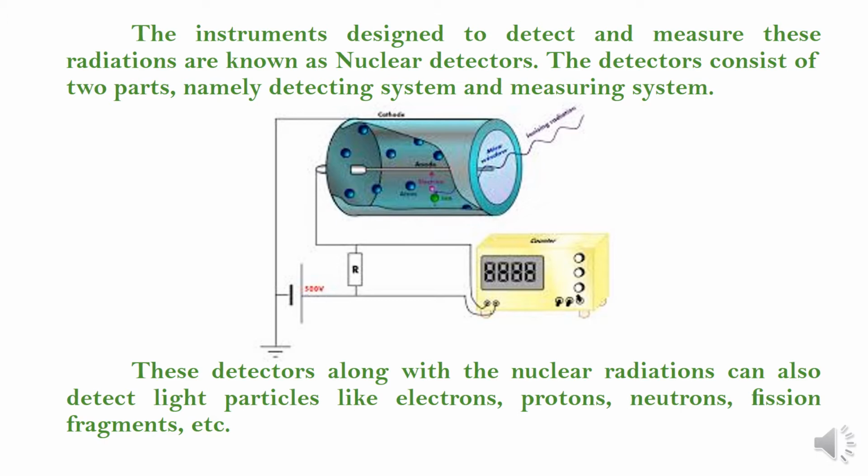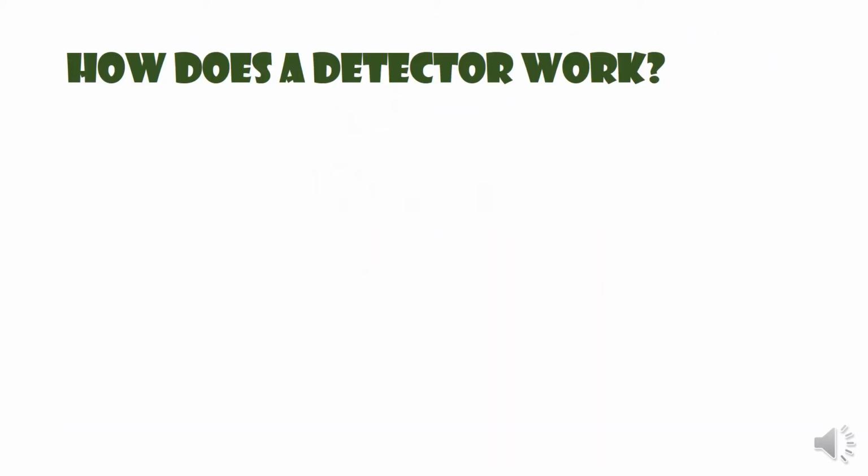The very important thing is, how does a detector work? Now this we have to discuss here. In order to detect the particle, we are going to allow those radiations to enter into a certain material medium, and these radiations will interact with the material medium.